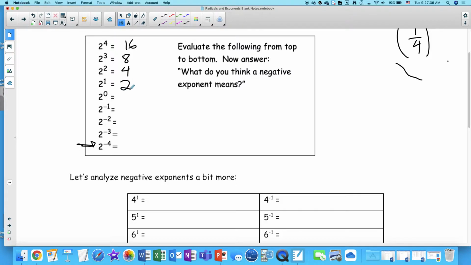It's 1. Yes. So any base raised to the exponent of 0 is equal to 1, as long as the base itself is not 0. Okay? 0 to the 0 has no meaning. If you take calculus in a couple years, then we'll talk about why. Okay? But any non-zero base raised to the exponent of 0 has a value of 1.